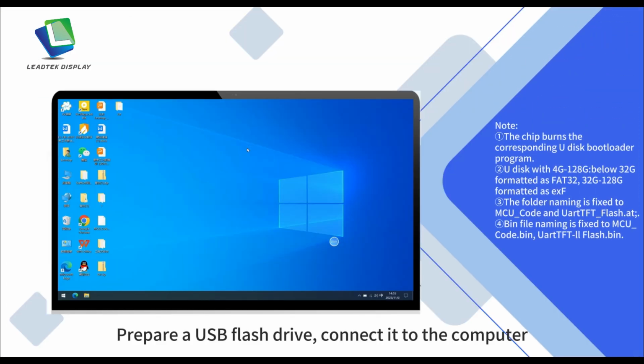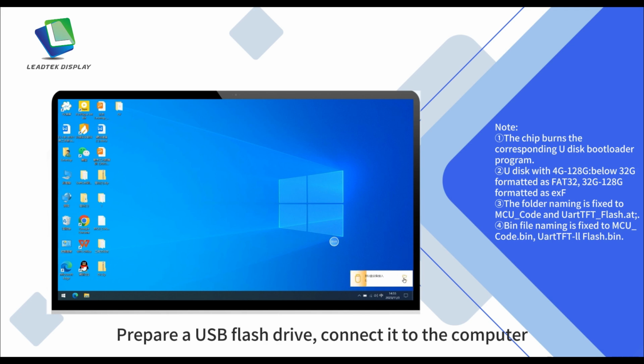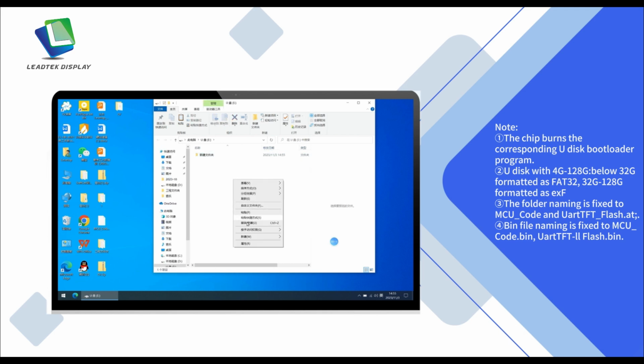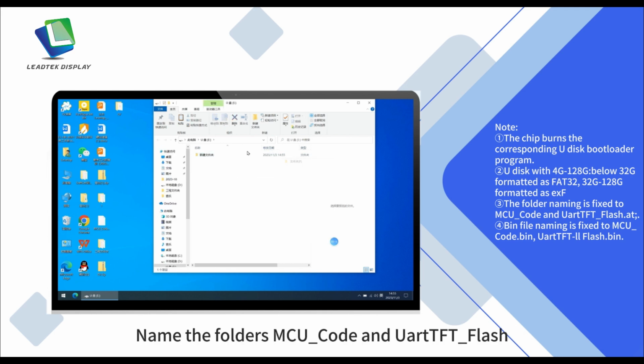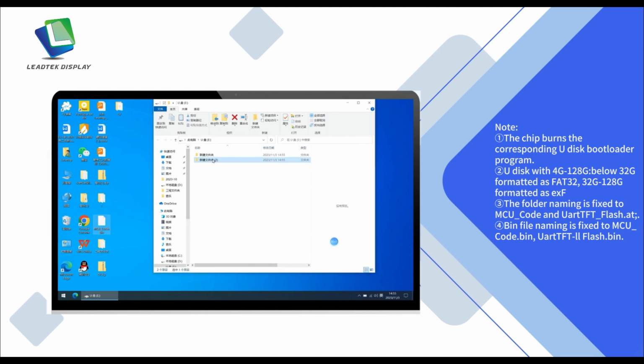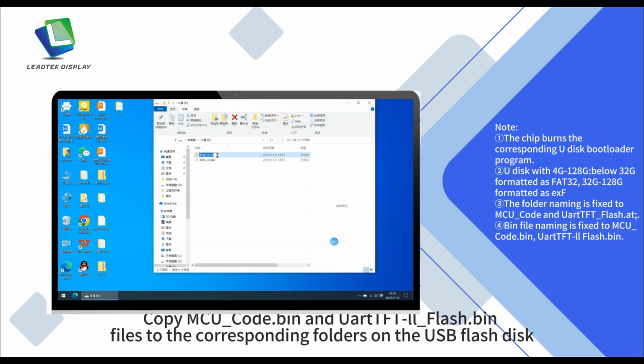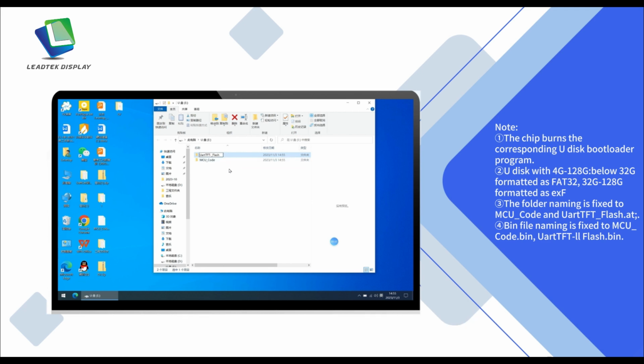Prepare a USB flash drive, connect it to the computer, and create 2 blank folders inside the USB flash drive. Name the folders MCU code and UART TFT flash. Copy the MCU code bin and UART TFT2 flash bin files to the corresponding folders on the USB flash drive.